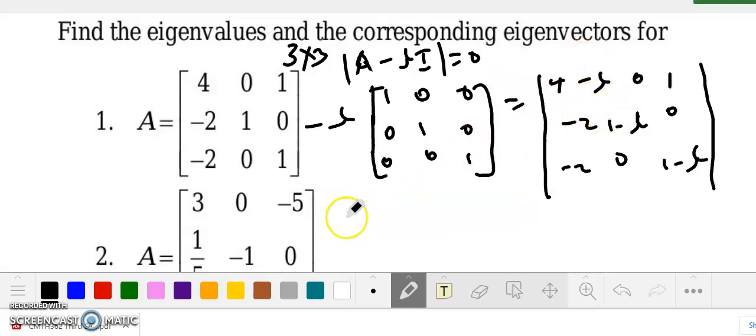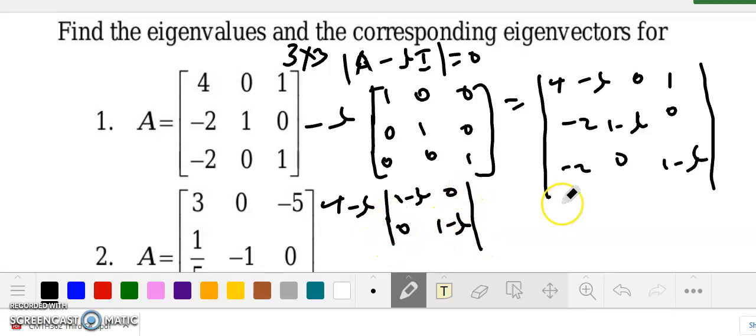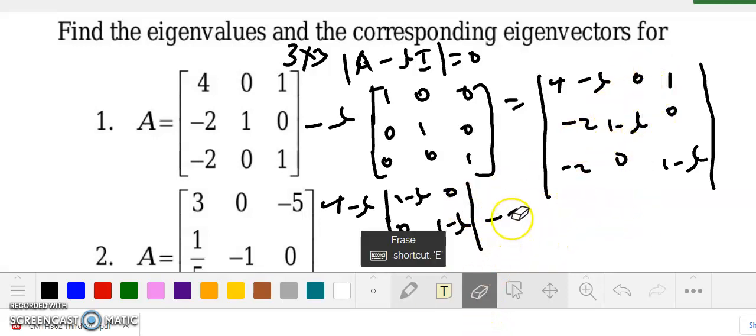You can start with 4 minus lambda multiplied by the 2 by 2 matrix with rows 1 minus lambda, 0 and 0, 1 minus lambda, so that you are able to get the determinant, and this will be minus 0. Whatever we are going to have there is going to be 0, so we simply leave that.